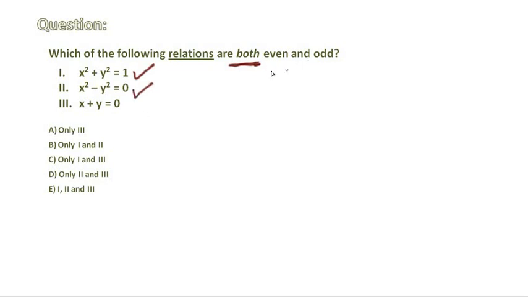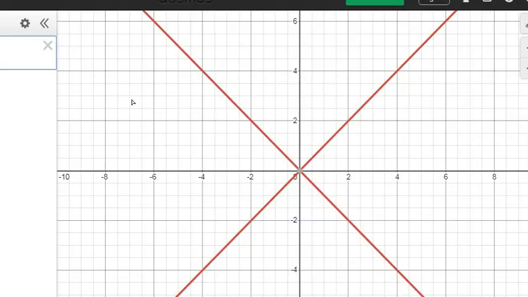So it's both even and odd. If you want to see the graph of the function, it's somehow like this, with its center at the origin. Actually, the hyperbola is usually curved, like two opposite parabolas. But here, because the vertex is at 0, 0, it looks different.